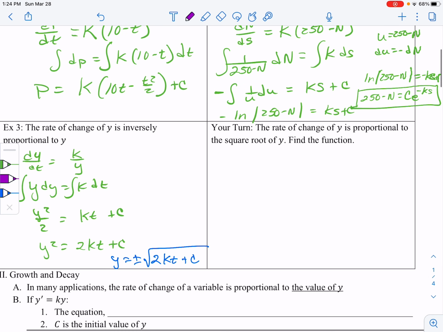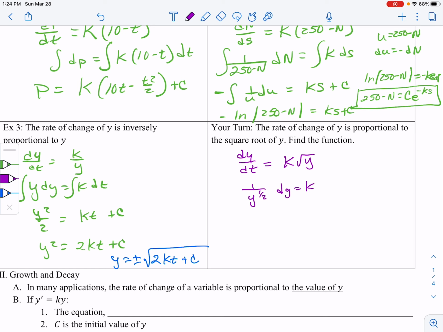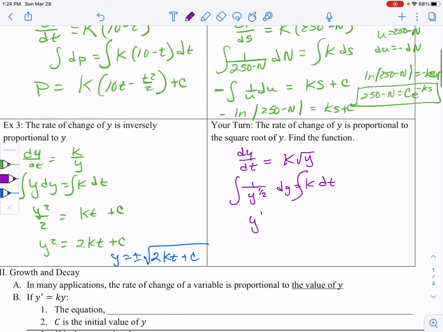All right, the rate of change of y is proportional to the square root of y. So dy dt equals k square root of y. Separate your variables. 1 over y to the 1/2 dy equals k dt. Integrate. That's y to the negative 1/2. So you add 1, so you get y to the 1/2.